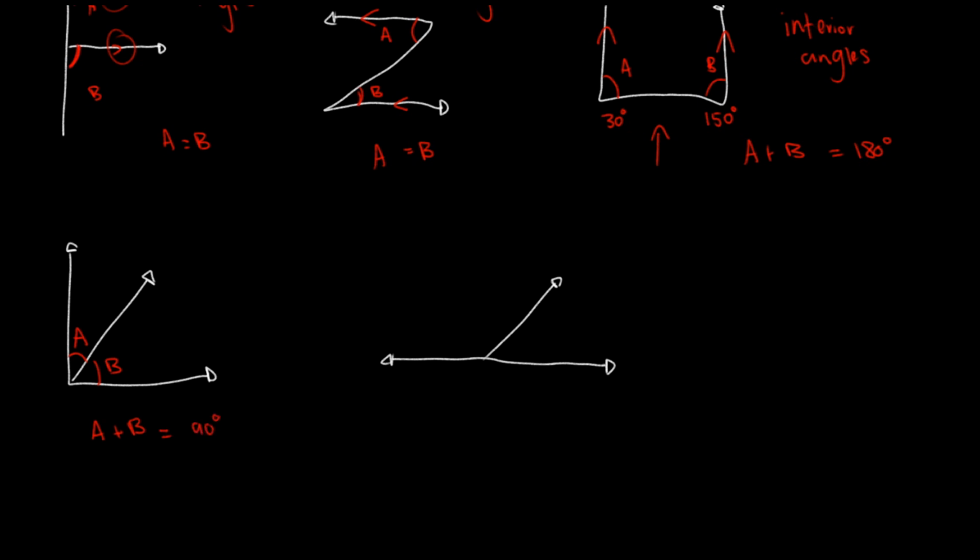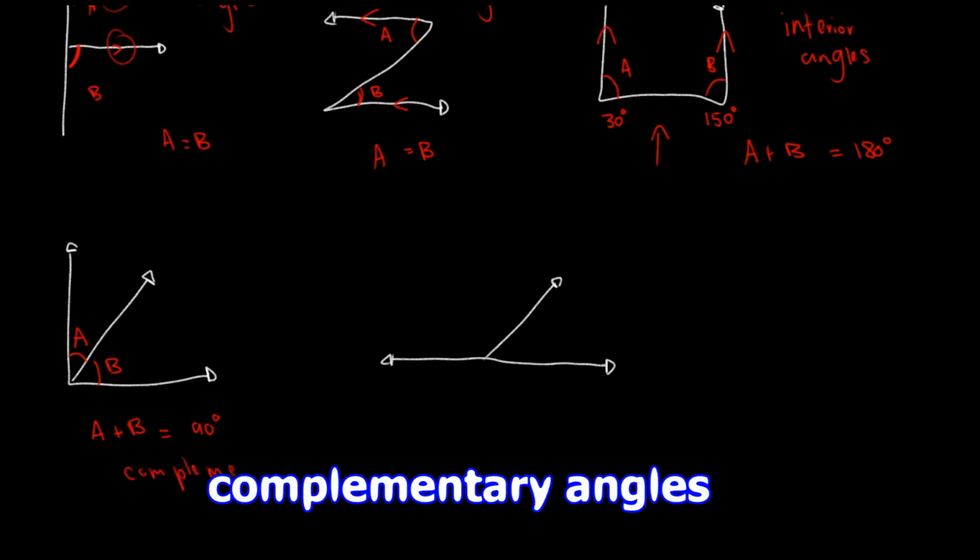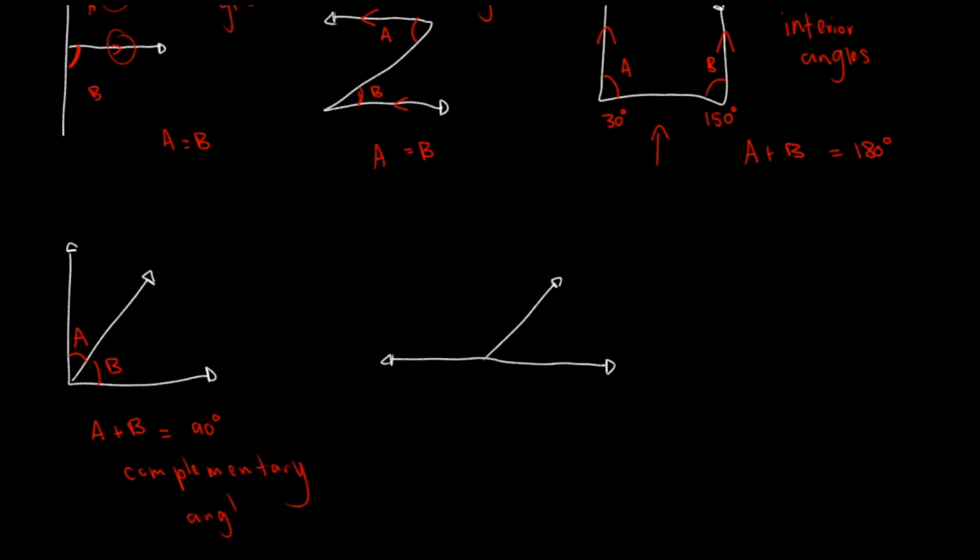When we have the statement where A plus B is equal to 90 degrees, we call these complementary angles. So the sum of two angles, if they give you 90, those are complementary angles.